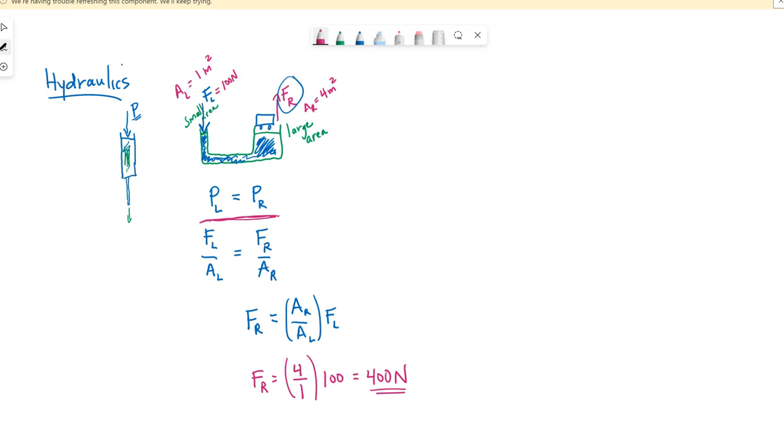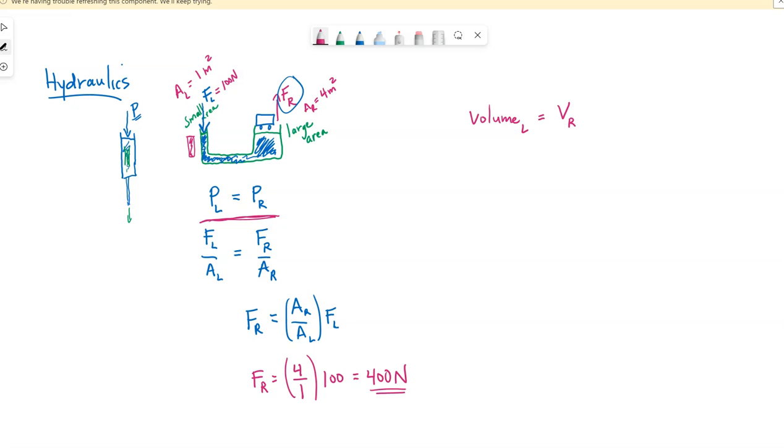Now, it might seem contradictory to have more force out, because that kind of seems like getting something for nothing, but that ends up not being the case. The volume of the fluid moved has to be the same. So on the left side, if we think about a column, the volume of that fluid that moved on the left side has to equal the volume of the fluid that moves on the right side.